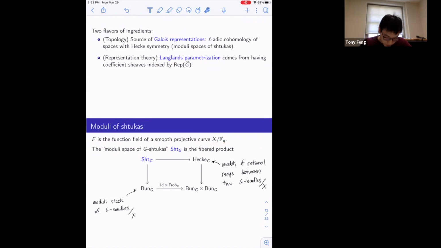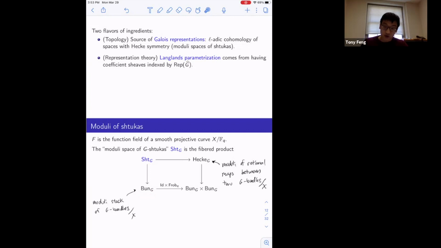And once I have this curve, I can start contemplating the paraphernalia of geometric Langlands. So there's a bunch of objects associated to it. One of them, and the moduli space of G-Shtukas will somehow be built out of these objects by some hybrid product. One of the objects is Bun_G, which is the moduli stack of G-bundles on X.